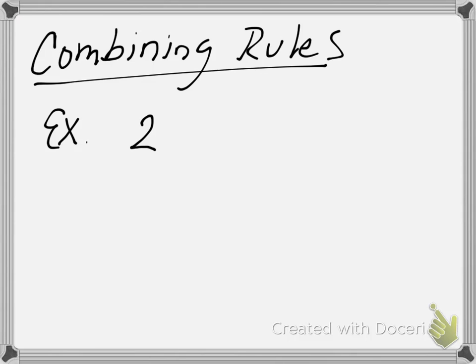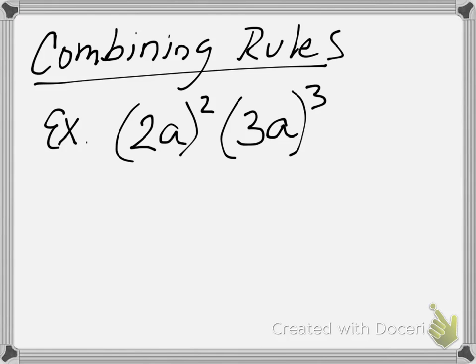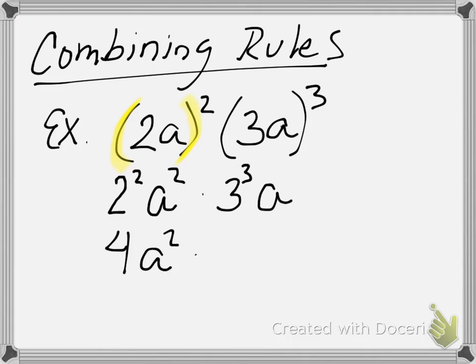First one looks like this: 2A squared times 3A cubed. So if I wanted to simplify that, remember that the parentheses are around the 2 and the A. So if I take 2 squared and A squared, that's really 4A squared. Okay? And then to simplify the right-hand part of it, if I have 3A cubed, that's really 3 cubed and A cubed.